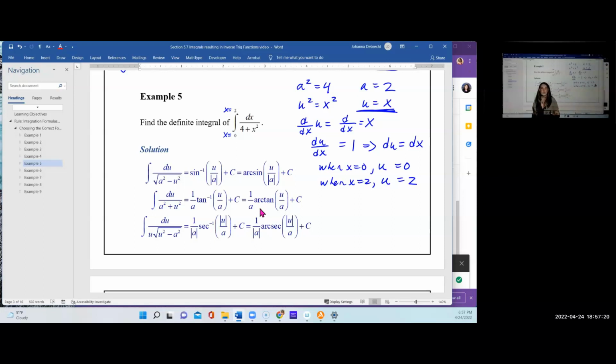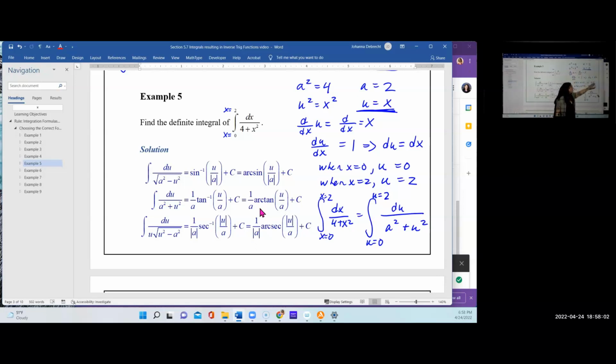Now let's substitute each piece into the original integral. We're going to have the integral from x equals 0 to x equal 2 of dx over 4 plus x squared equal to the integral from u equals 0 to u equal 2 of du divided by a squared plus u squared. Again, I substituted du in place of dx. I substituted a squared in place of 4 and u squared in place of x squared.